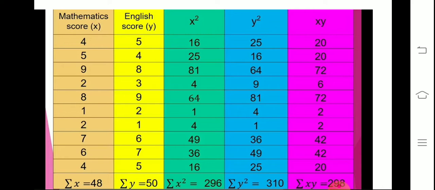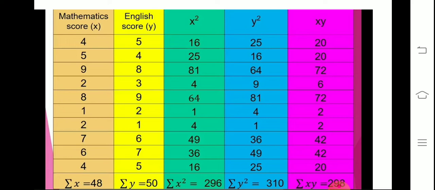For the fourth column, or y squared, we square the value of y, or the English scores. In this case, we have 5 squared, which is 25, 4 squared, which is 16, and so on. And the summation of y squared is equal to 310.